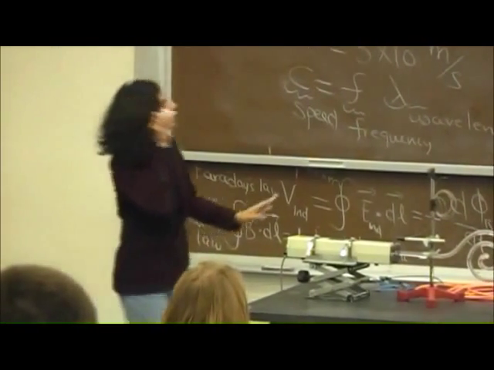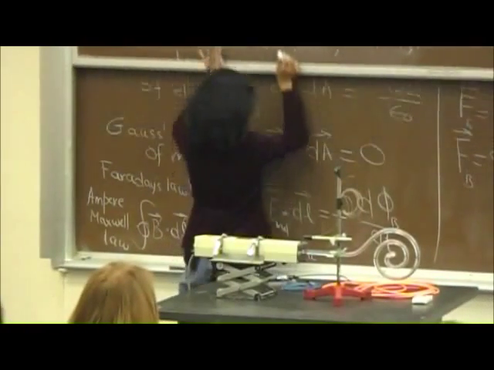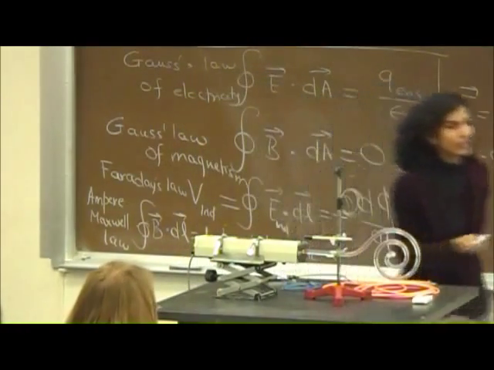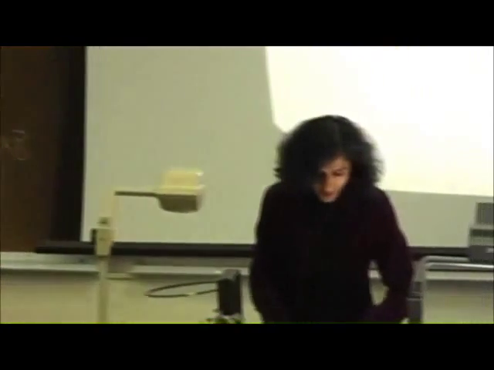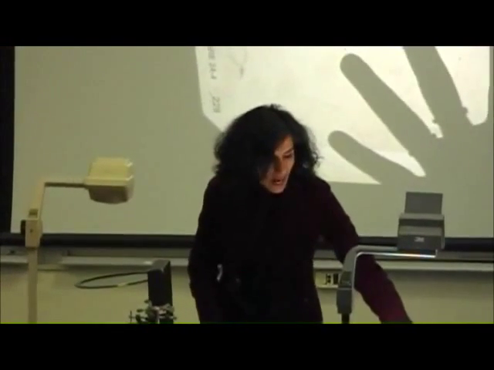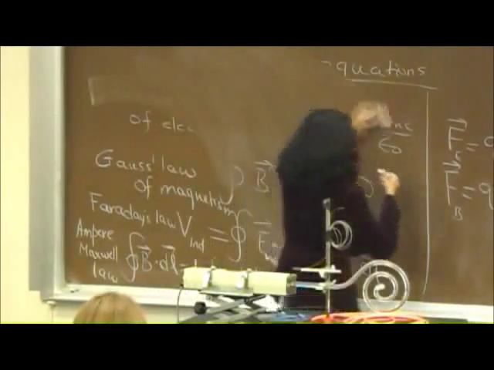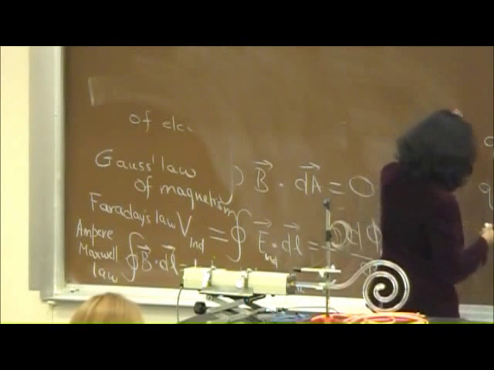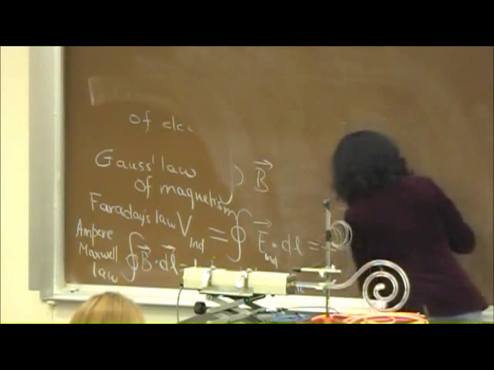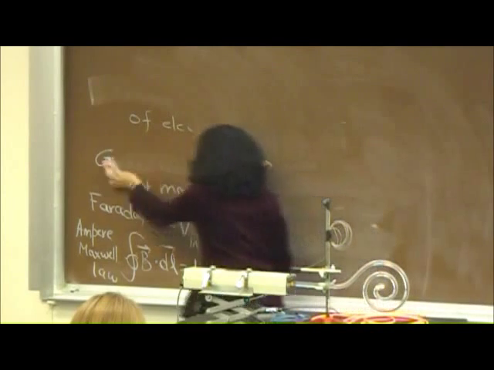Okay, now the other thing that I wanted to say is that since electric field and magnetic field of an electromagnetic wave are in phase, and you can see electric field and magnetic field are sinusoidal, let's write an equation for the electric field of an electromagnetic wave and the magnetic field of an electromagnetic wave.